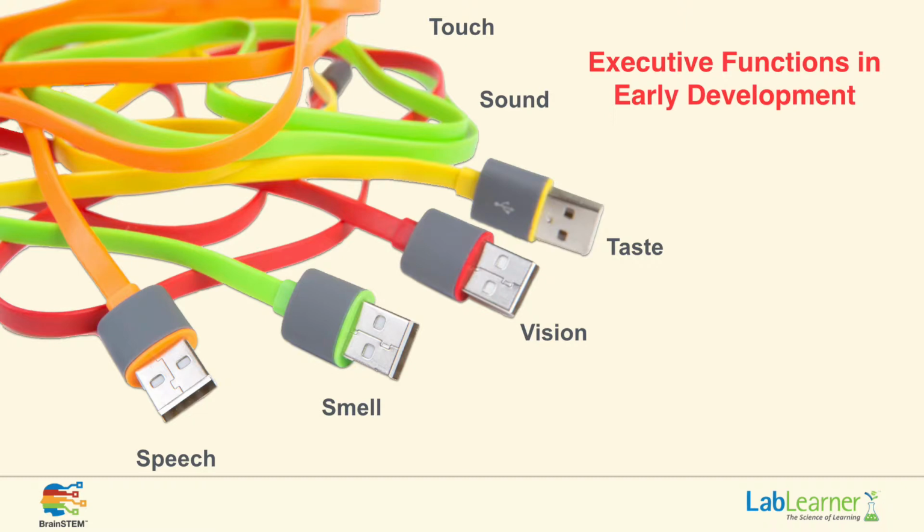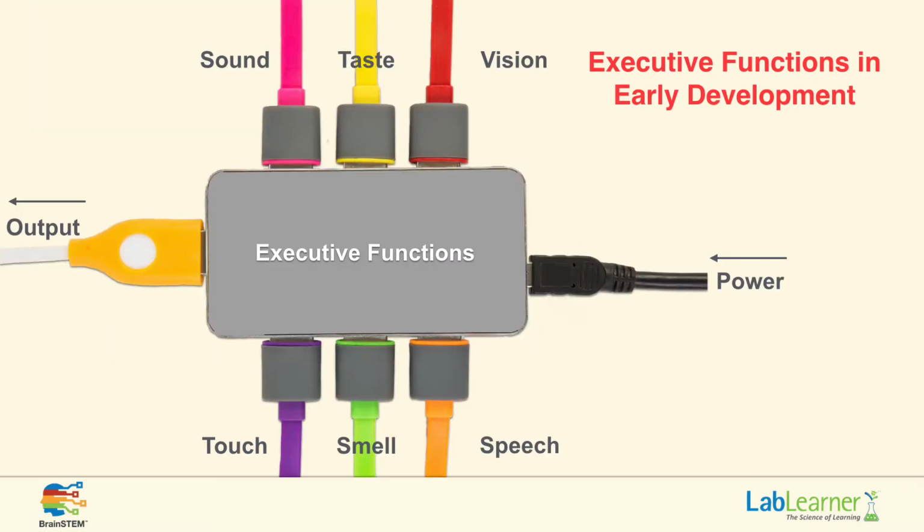Our executive functions start coming into play, and we start relating things like smell to taste, or when you touch something, you can imagine what it looks like. None of that is inborn or hardwired.